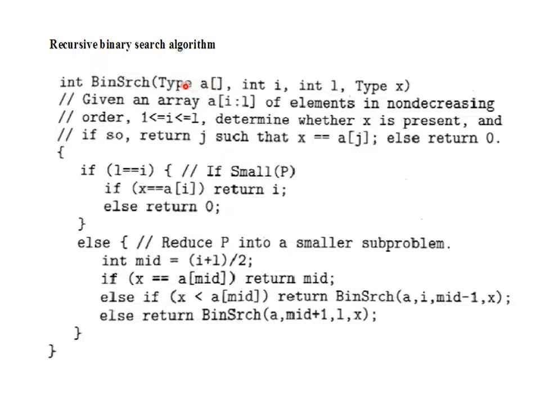So type A square bracket means A belongs to which type. If the items are integers, then it is integer A square bracket, that is, A is an array. If the items are real numbers, then it is float. If the items are strings, then it is character, right?